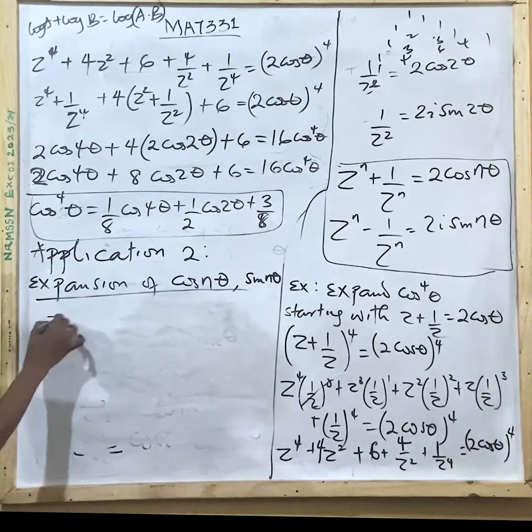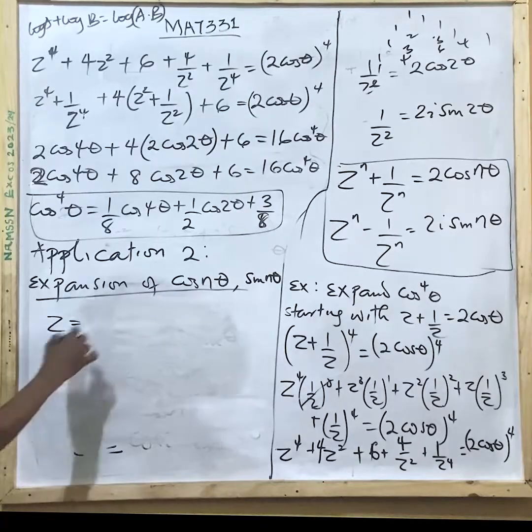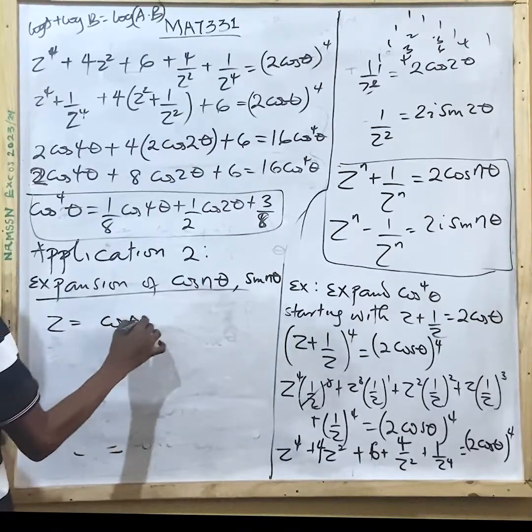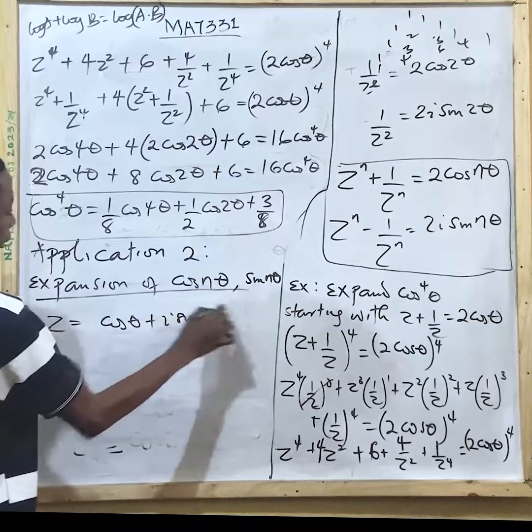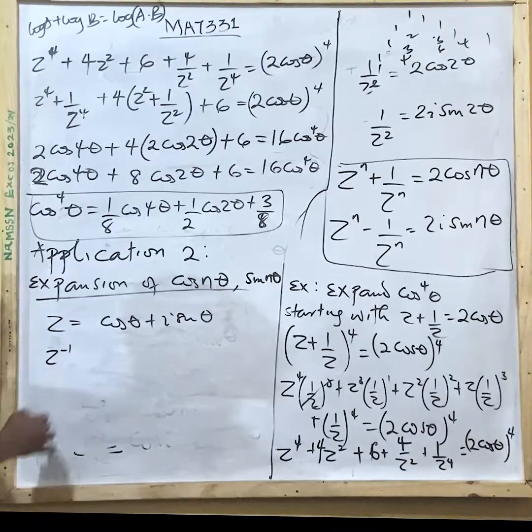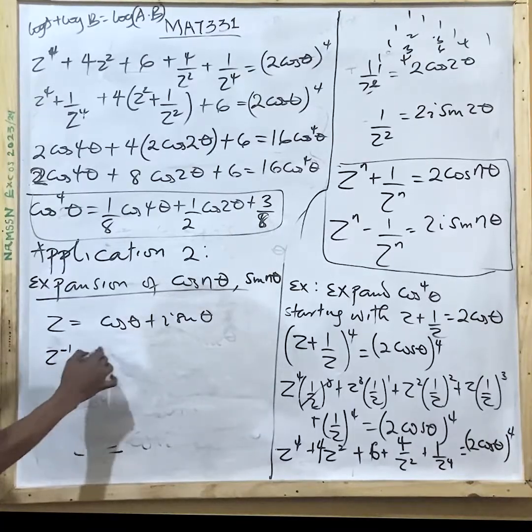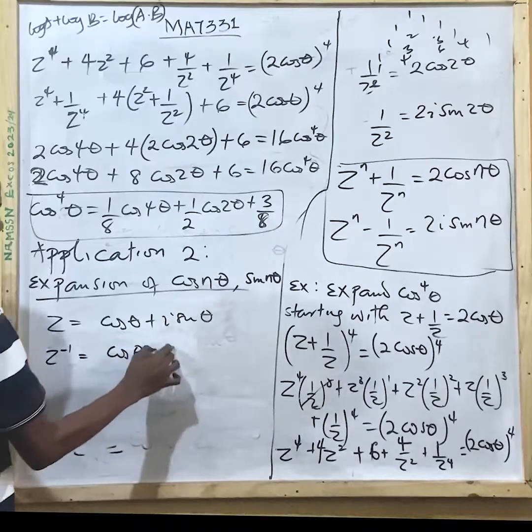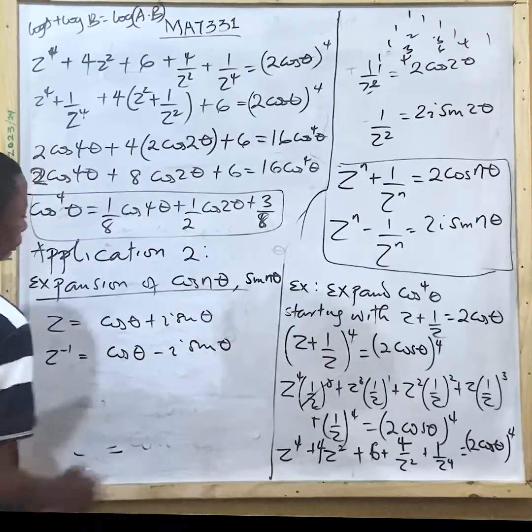We know that if z is equal to cos theta plus i sin theta, and then z bar, z raised to power minus 1, that's cos theta minus i sin theta.